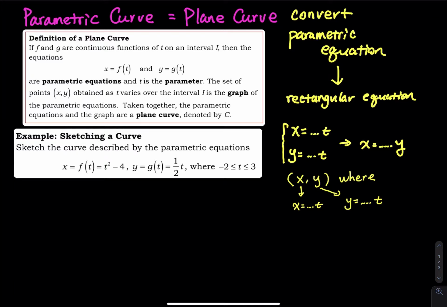So in this video, I will give you a formal definition of a parametric curve, which is called a plane curve, and then I will show you how to convert a parametric equation to a rectangular equation. If you look at the yellow parametric equation, x equals some function of t, y equals some function of t. The x, y rectangular coordinate is only a location where the point is.